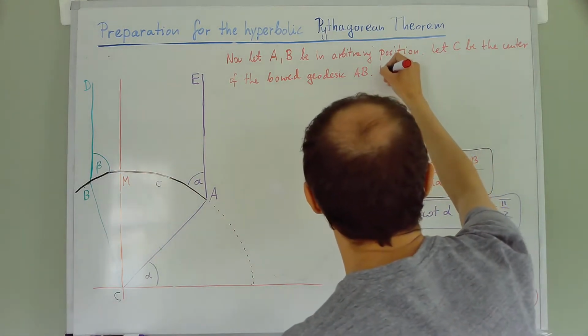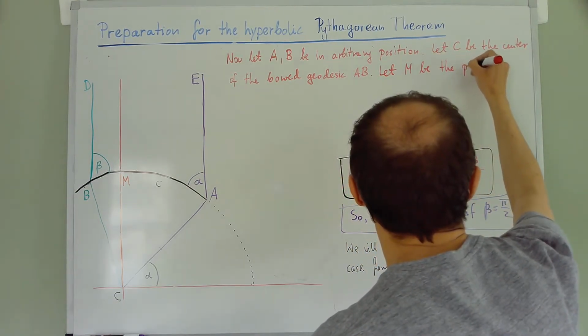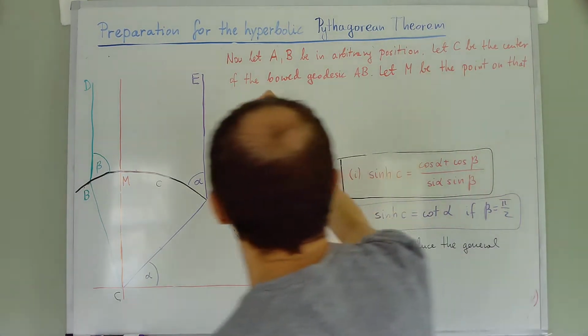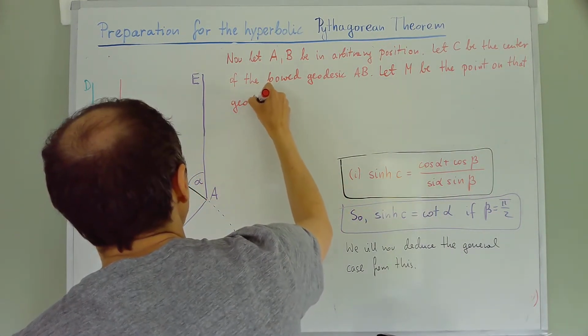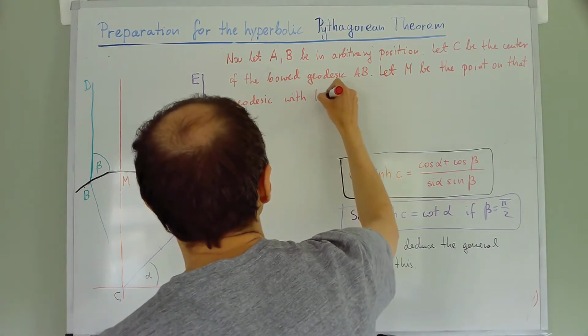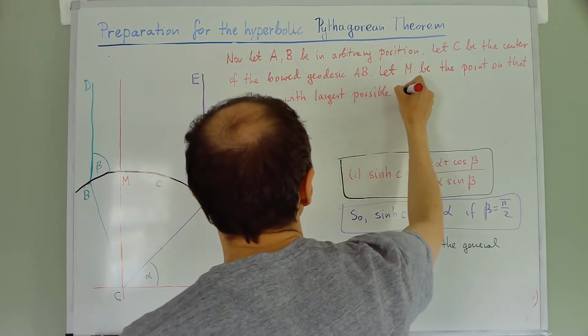But now let M be the point on that geodesic with largest possible y coordinate.